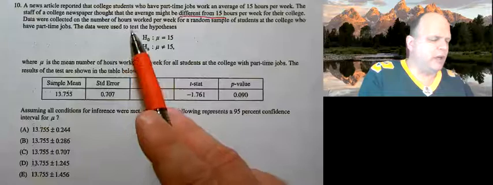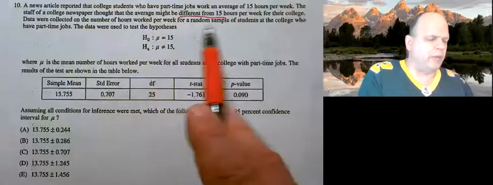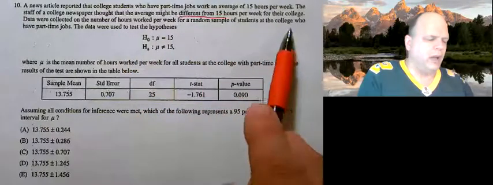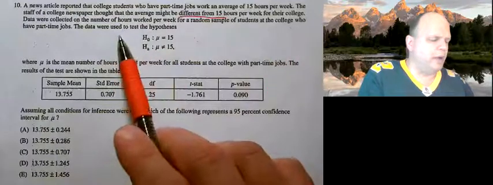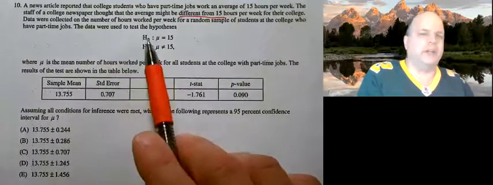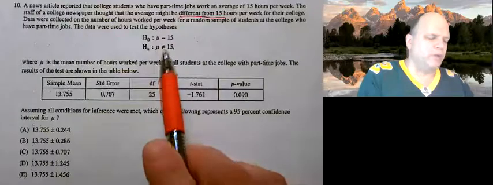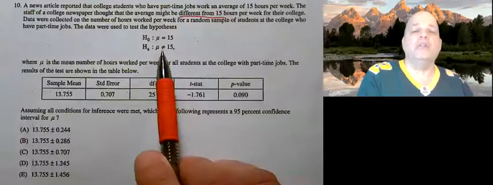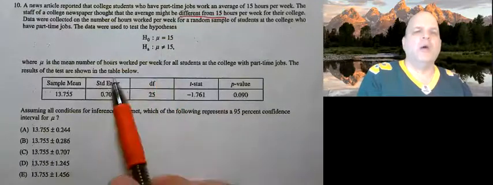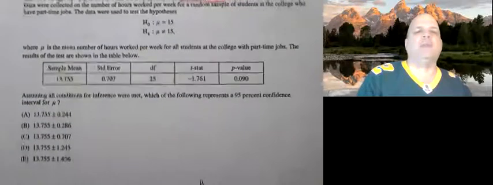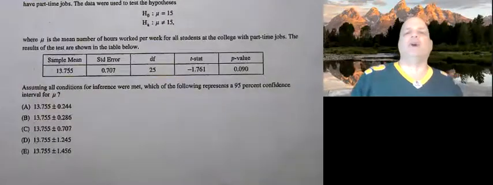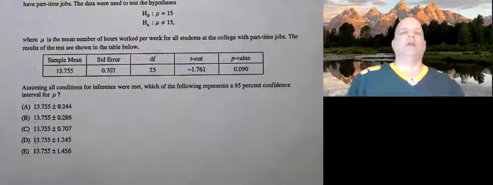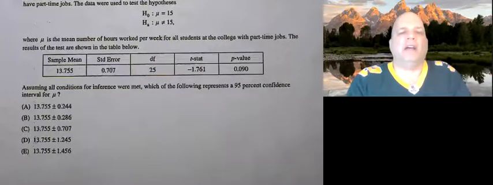Data were collected on the number of hours per week for a random sample of college students at the college who have no part-time jobs. The data were collected to test a hypothesis. Mu equals 15, or mu is different than 15, where mu is the mean number of hours worked per week for all students at the college. The results resulted in the data below.